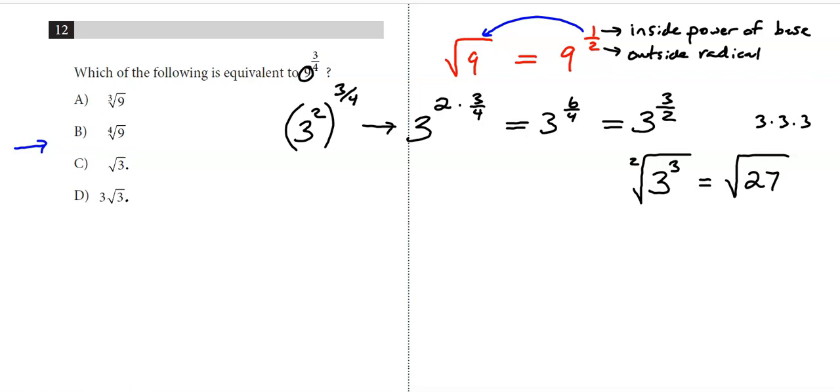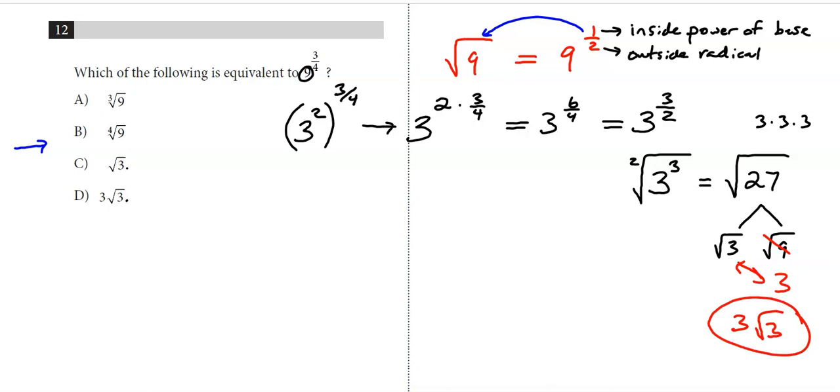So now I'm going to try to simplify this square root of 27. I believe I can break 27 up into the square root of 3 times the square root of 9. And luckily the square root of 9 just happens to be 3. So when I put these two back together, I have 3 radical 3.